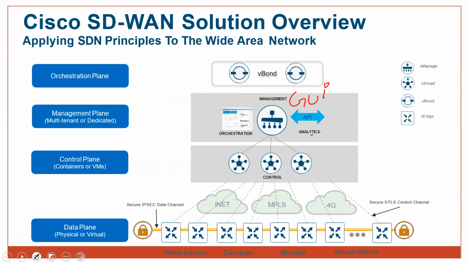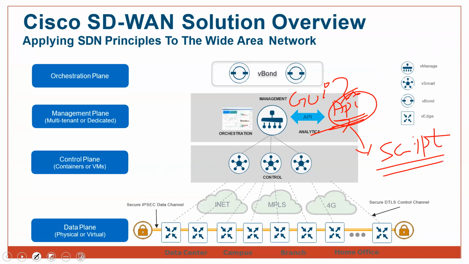But inside vManage, you have something called an API option as well. You can give certain instructions with the API. With the GUI, you can open the API document as well. But this API will be fully functional if you integrate it with some sort of script. So you can integrate your API with a script, run the script, and it will do whatever we want to do. That's the idea. Okay.